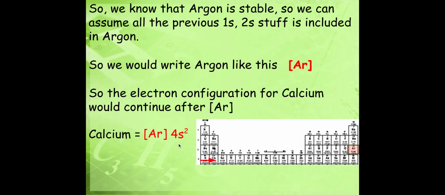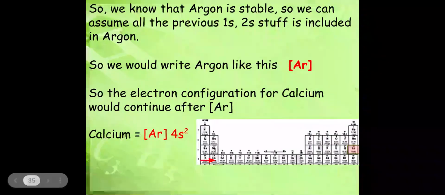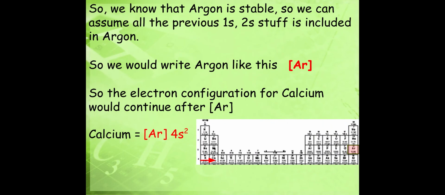It allows us not to write all those 1s, 2s, 2p, 3s, 3p; all of that is embedded into argon. So that's called the noble gas. When you write electronic configuration this way, we call it the noble gas electronic configuration.